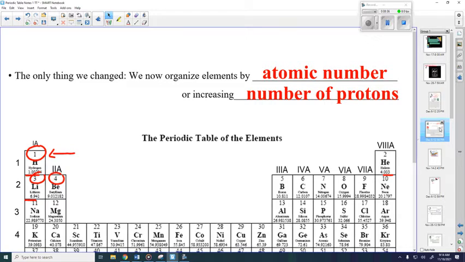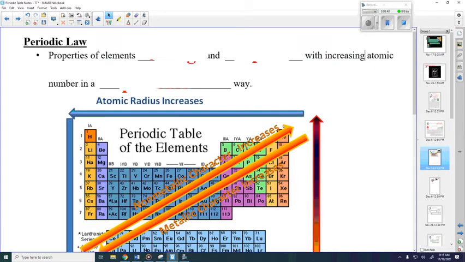Now, what you're going to notice is that our periodic table is riddled with patterns, all over the place. And we're going to talk a lot about them in this unit. That's most of this unit, to be honest. Properties of elements change, and then they repeat with increasing atomic number.